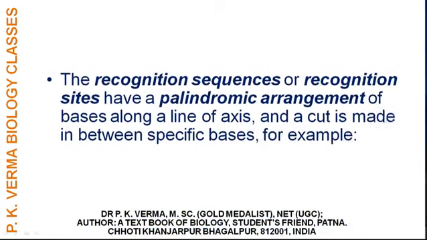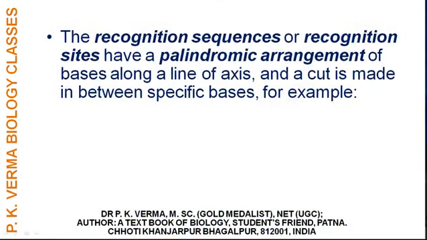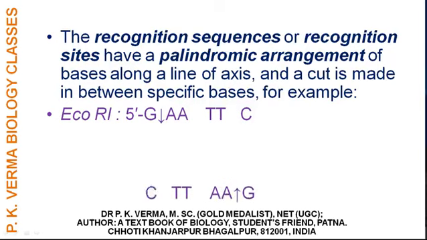Now as many as 350 restriction endonuclease enzymes have been isolated from different sources of bacteria. They all have a definite recognition sequence or recognition site on the DNA that have palindromic arrangement of bases along a line of axis.